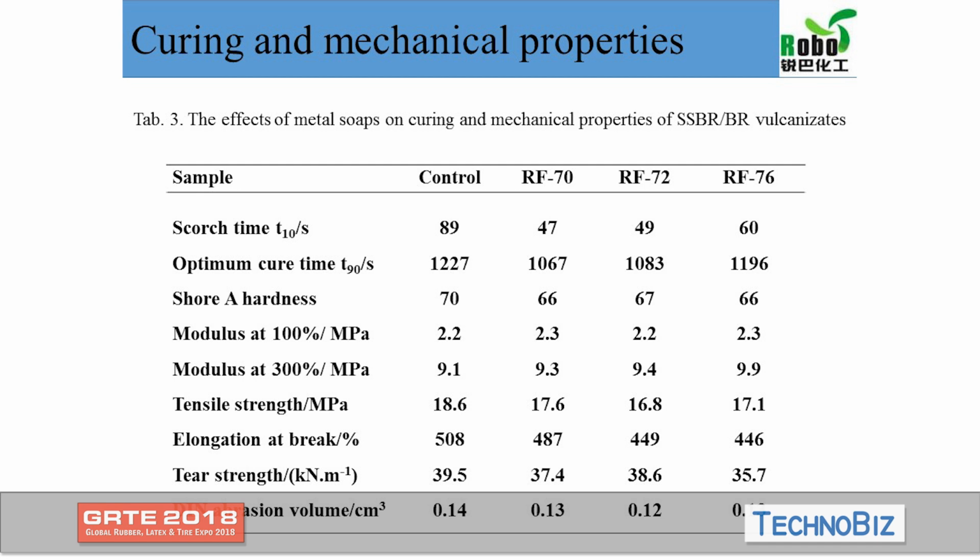Due to the interaction between metal soap and the silanol groups of silica, it reduces the interference of silica on the curing process. So the curing rate and the cross-link density increase due to the activation effect of metal soap. And we also can see that the wear resistance is improved slightly with the addition of metal soap.